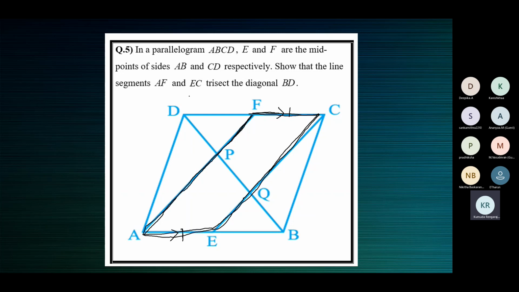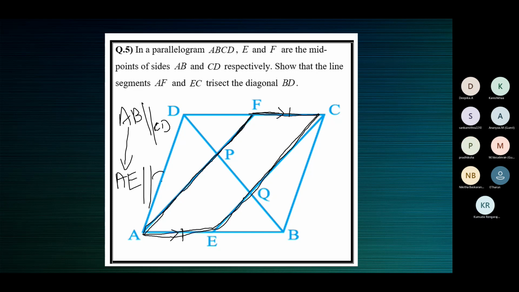Is AB parallel to CD? Yes, ma'am. So a part of AB is what? AE. AE will definitely be parallel to any part of CD. And what is the part of CD here?